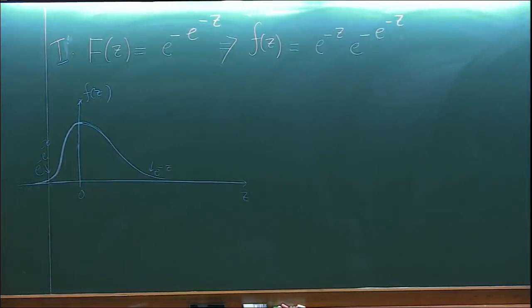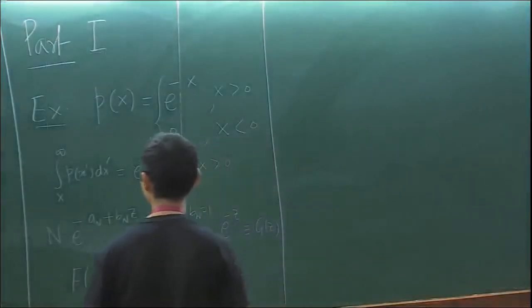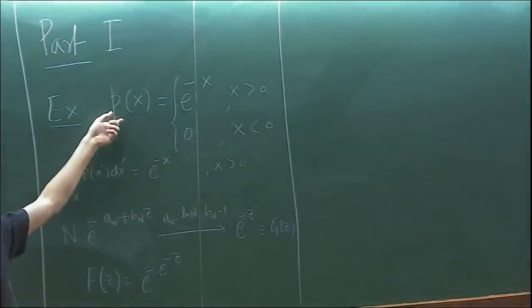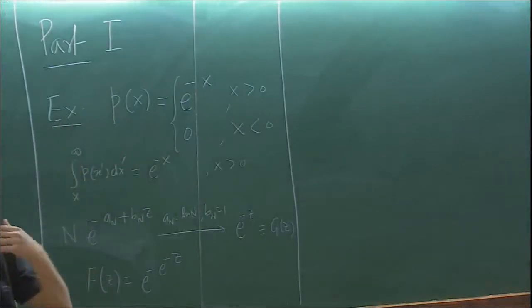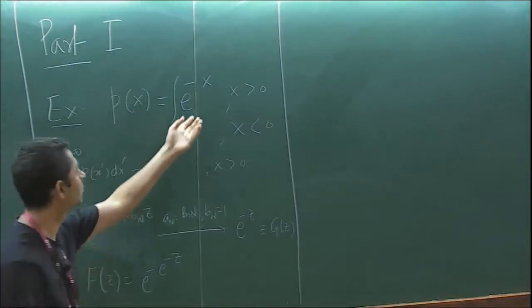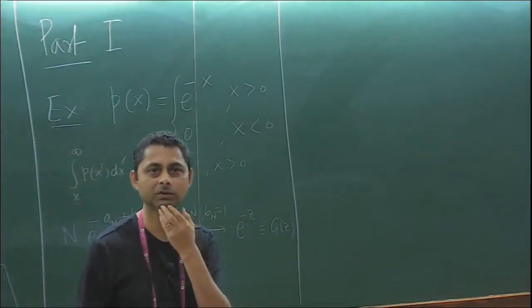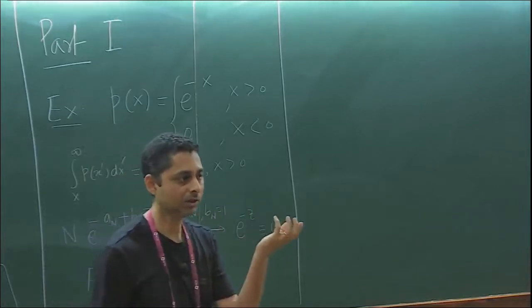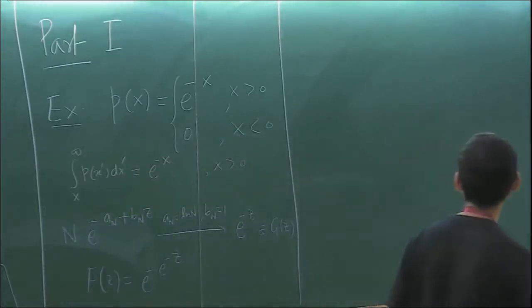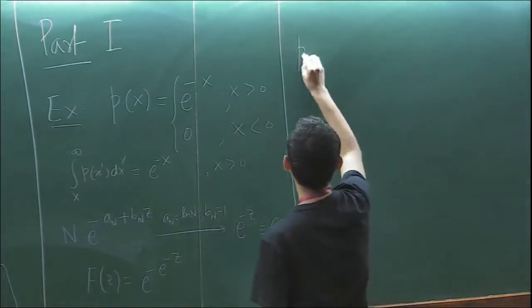So what is the next example you can think of? A similar form. What are the other exponential functions you know, that you come across every day? Gaussian. Suppose I have a Gaussian function now. Let's say p of x.